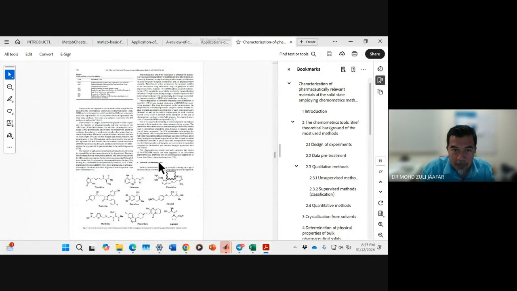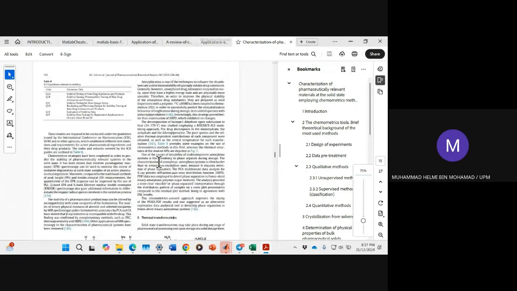Yeah. This one. Okay. I'm not sure whether I'm correct or not, but in pharmaceutical we produce or manufacture a very high quality product because we inject it into the patient. We don't want to sell a very low quality product. So in this paper, they are using chemometrics, by using PCA, I'm not sure, PLS.